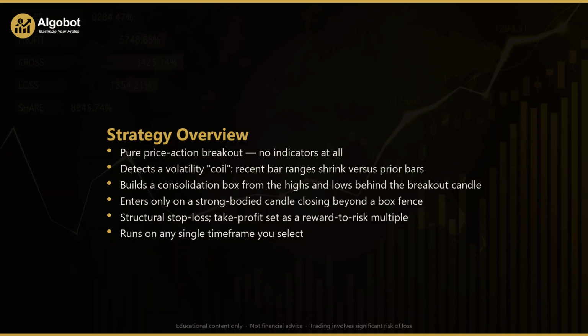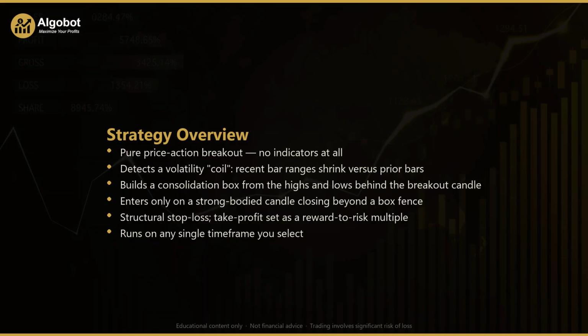This strategy tries to measure that quiet period using nothing but price. There are no indicators here at all, no moving averages, no relative strength index, no stochastic. Instead, the strategy compares the average size of recent candles against the average size of the candles just before them. When the recent candles are meaningfully smaller, it concludes that volatility has contracted and the market is winding up.